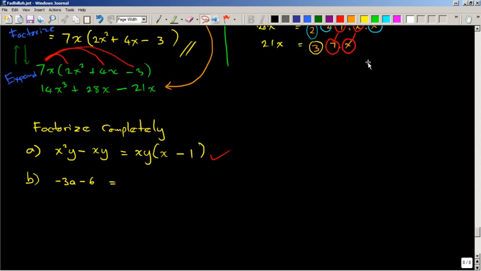Tak tahu. Tak tahulah. Alright. Kita macam biasa kita find common factors. Kita ada nombor apa? 3A and 6. So what are the common factors for 3A? What are the factors of 3A? 3 times A lah. Yeah. What about 6? 3 times 2, correct. So what is the common factors?